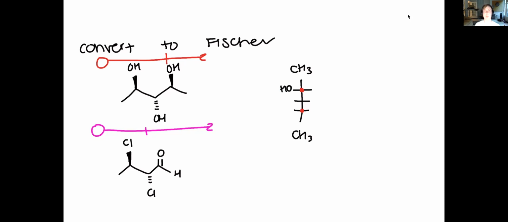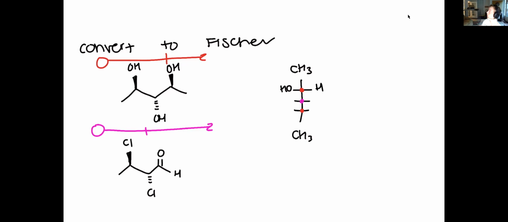So instead of saying it's on our right, therefore it's a wedge, we need to say, it's on a wedge, therefore it's on our right or left here. And in this case, it was coming at us on a wedge. We're up looking down, it's on our left. So that means that there's a hydrogen here. So now when we get to the next carbon, we take the pink person's point of view.